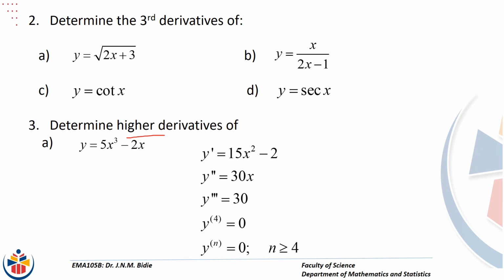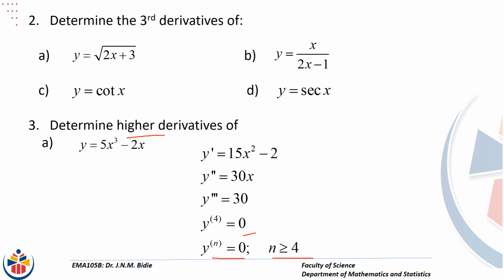The fourth derivative gave us 0. And because the fourth derivative gave us 0, we know all the other derivatives will be 0 also. The fifth derivative will be 0, all of them. So we are able to conclude that for all n greater than or equal to 4, the nth derivative will always give us a 0.